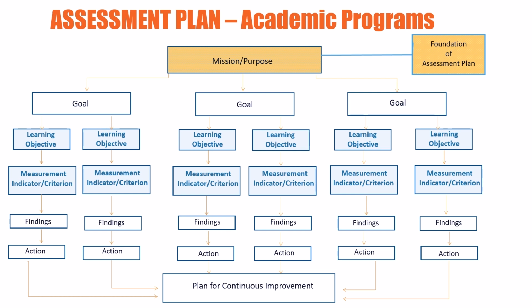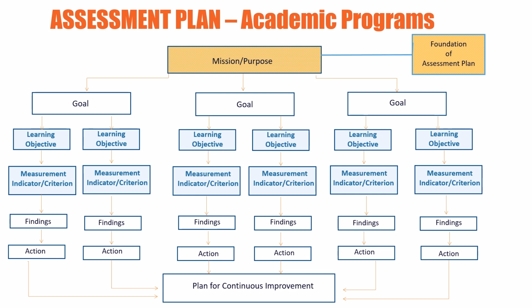While the mission or purpose serves as the foundation of the assessment process, the assessment plan itself begins with the goals that support that mission. From those goals, specific learning objectives are developed that describe what students are expected to know or be able to do. Each learning objective is paired with an indicator and a criterion, which, taken together, define how achievement of the learning objective will be measured and what level of performance represents success.